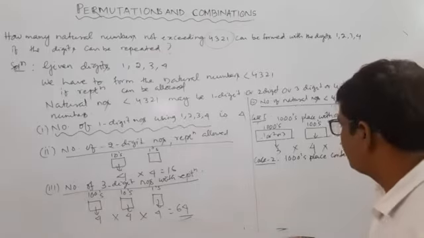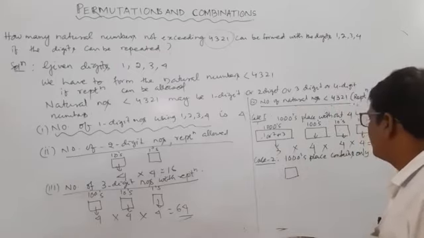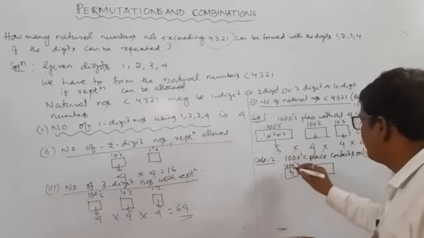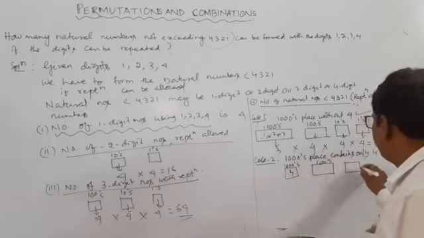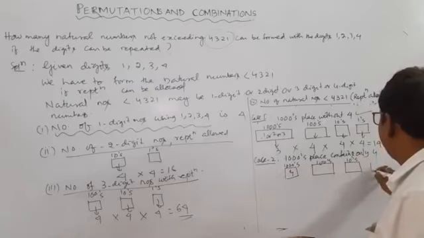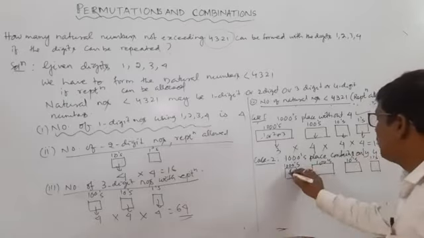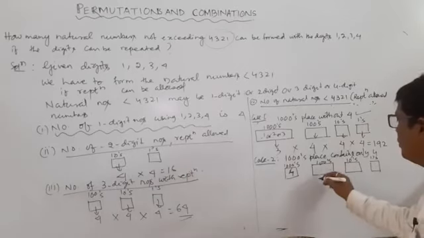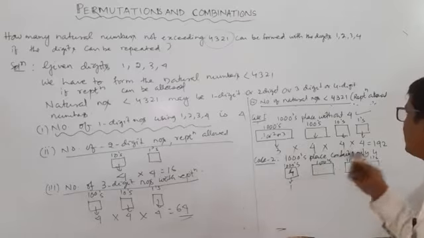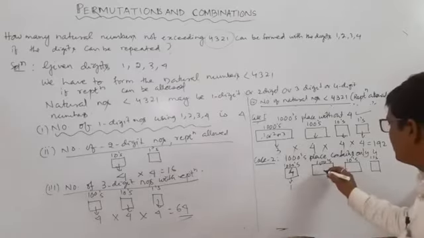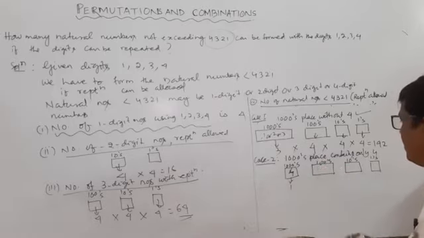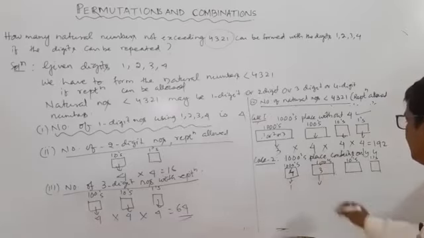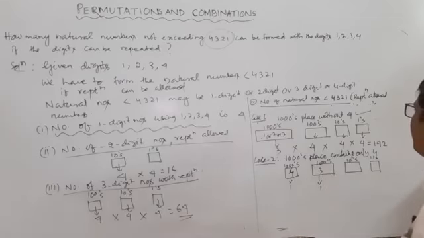So there are subcases. The thousands place is 4, and the number must be less than 4321. The hundreds place can be either 2 or 3. Suppose the thousands place is 4 and the hundreds place is 3, fixed in one way each.